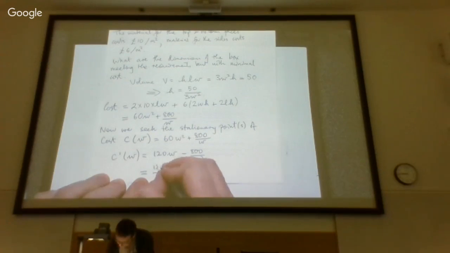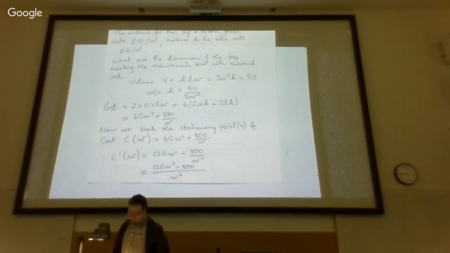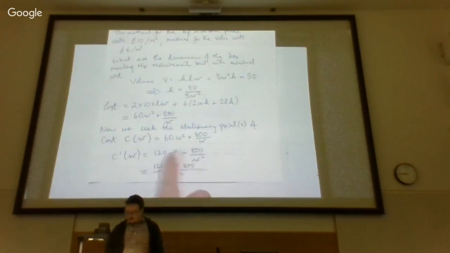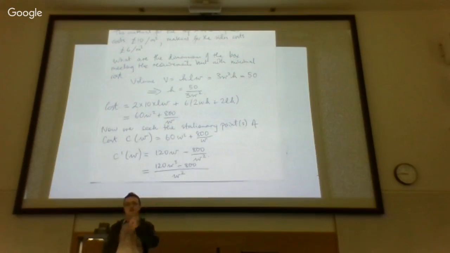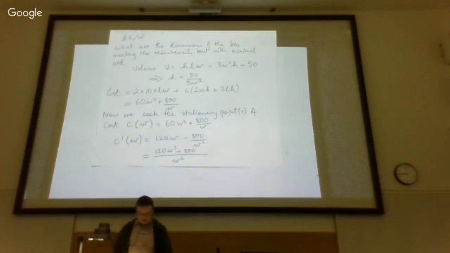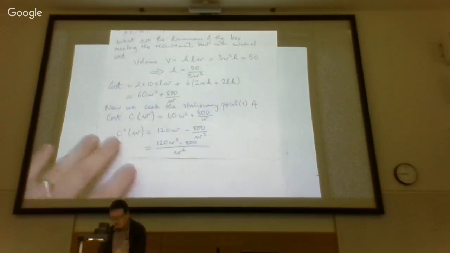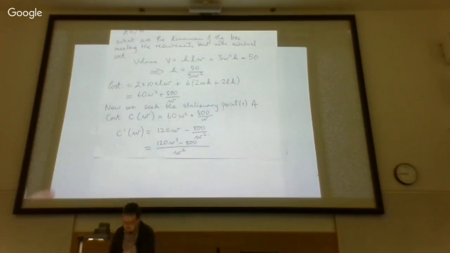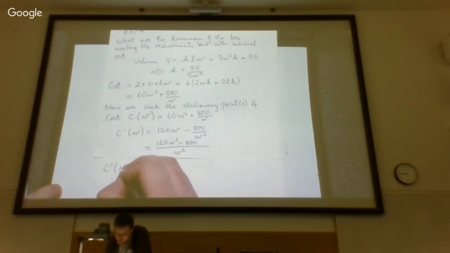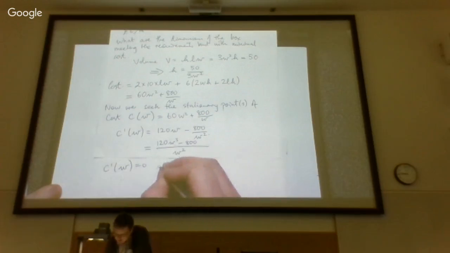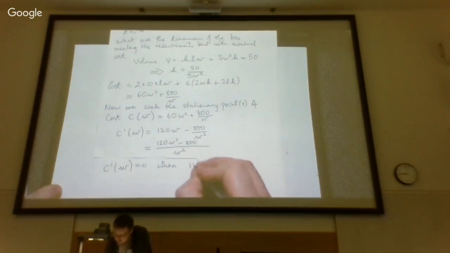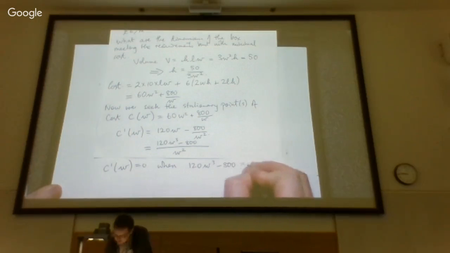Then we'd have 120 w cubed minus 800 over w squared. So we're just bringing these two quantities together as a single fraction over w squared. Now we seek the zeros of C prime of w. C prime of w is equal to 0 exactly when 120 w cubed minus 800 is equal to 0.